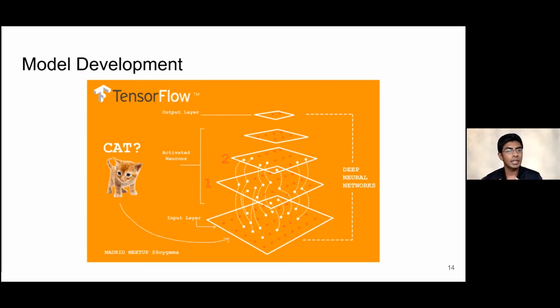Once the training is done, you can submit a new image to the model, and it will tell you if it's a cat or not. Here you submit the image to the input layer at the bottom, and then you have the set of neurons. It passes through these multiple layers in the deep neural network, and in the output layer, it outputs the answer, like yes or no.